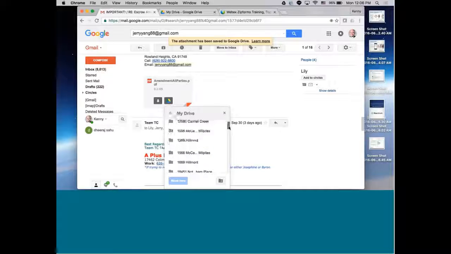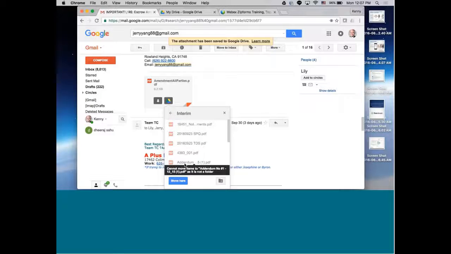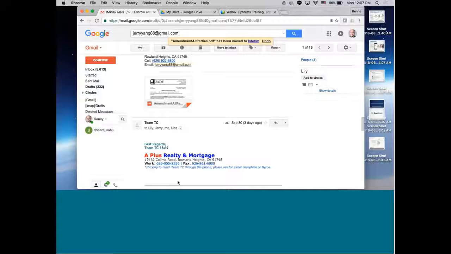This is my Google Drive. And inside the subfolder, because this is an escrow document, I'm saving it. Usually, initially, I'll save it in the interim folder until I'm convinced that all the signatures are there. In other words, there are no missing signatures or missing information. Until then, everything goes into the interim folder. Okay, interim is temporary. So I'll move it here. Okay, so this is how I save it.